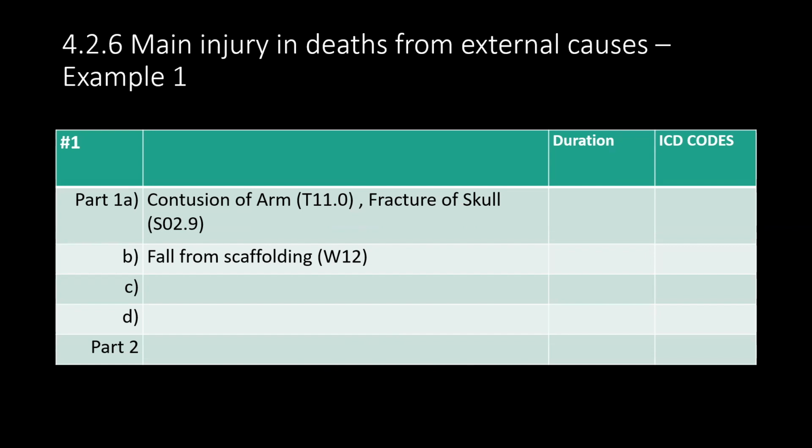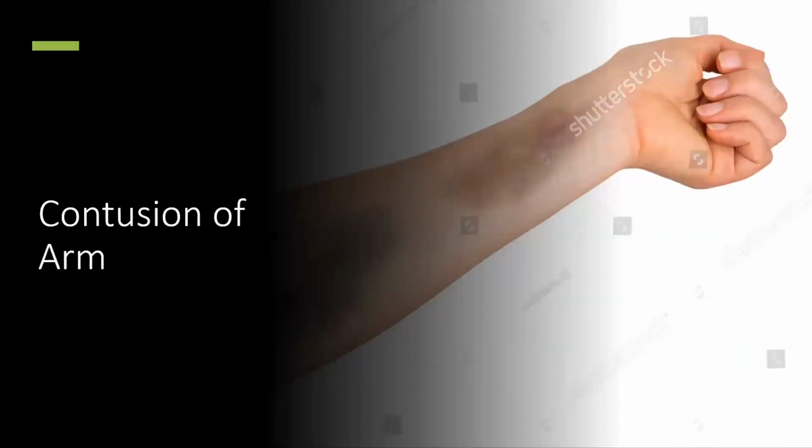Part 1A, contusion of arm, T11.0, fracture of skull, S02.9. Line 1B, fall from scaffolding, W12. Contusion of arm is a trivial injury and it is unlikely to cause death.